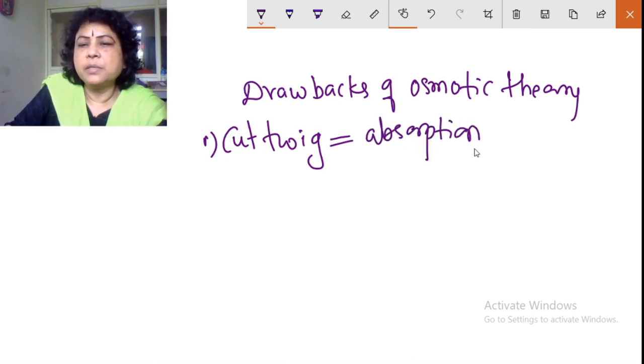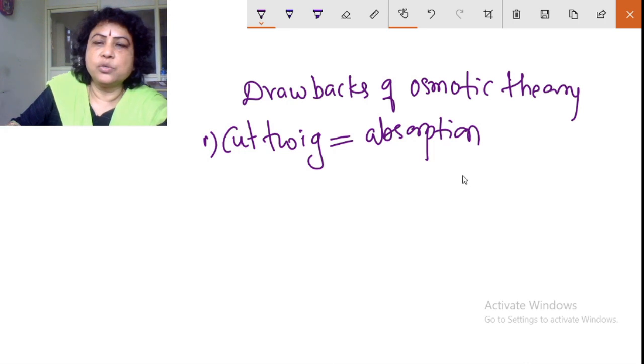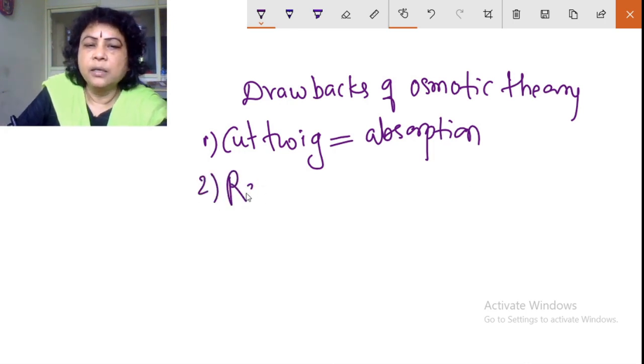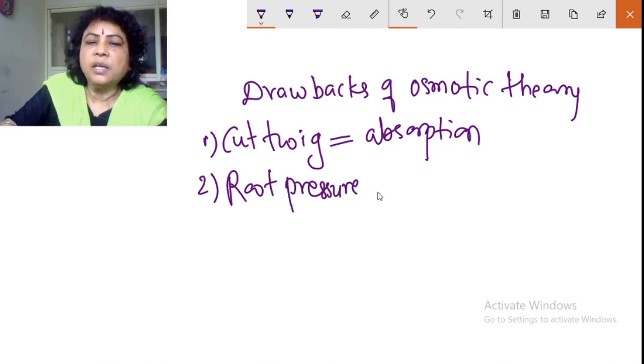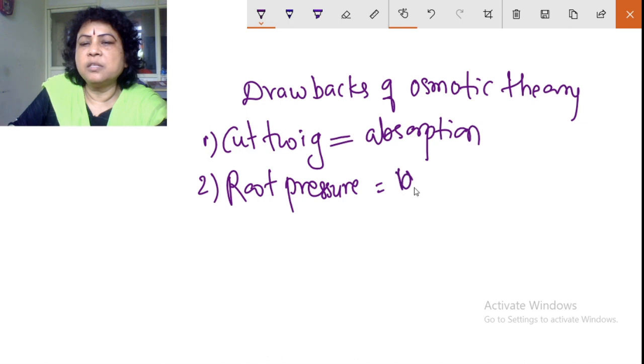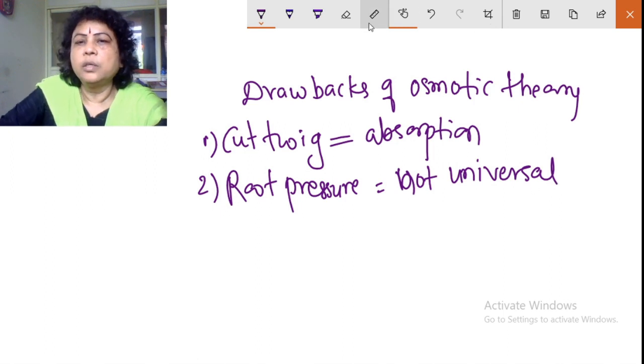Okay, that means even though there is no root system, the cut twig still shows absorption. Second, according to this theory, the root pressure is most important. Okay, and it is not a universal phenomenon.